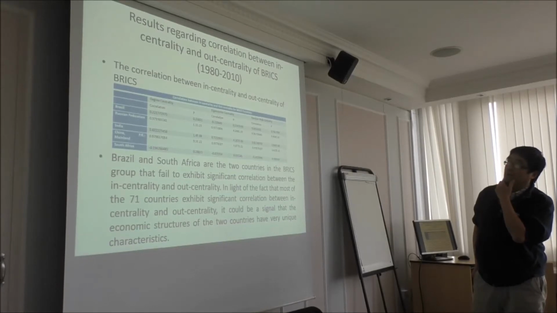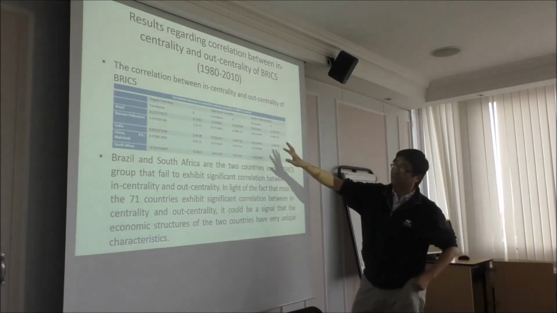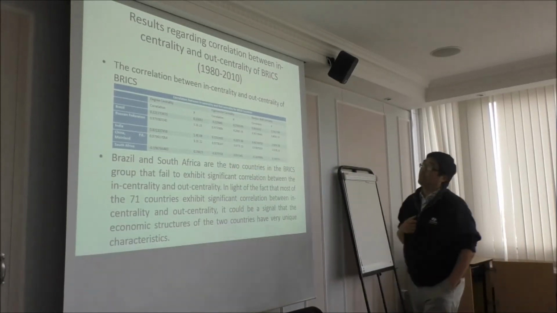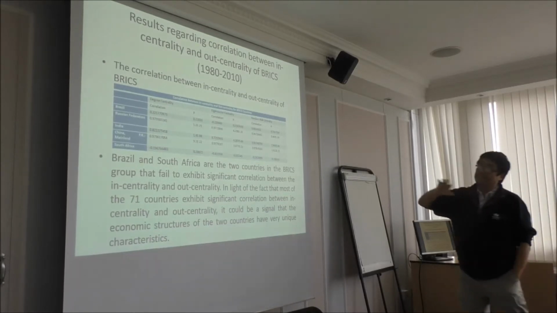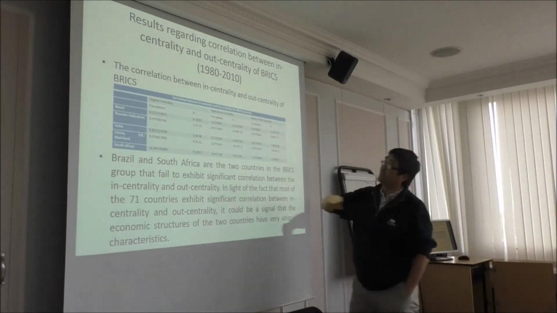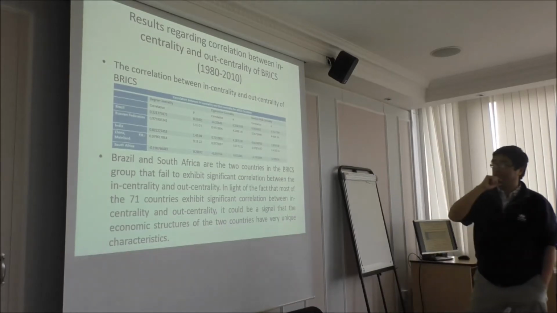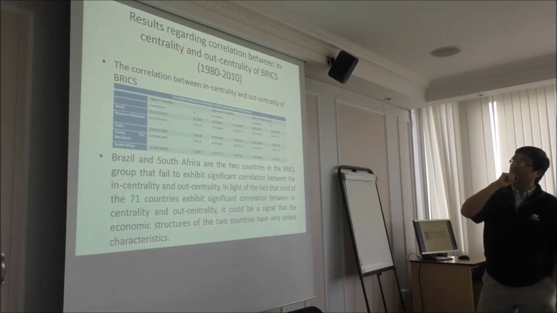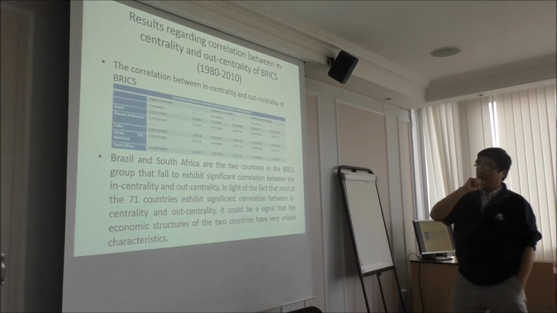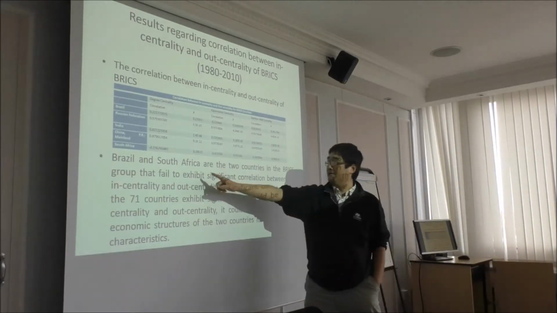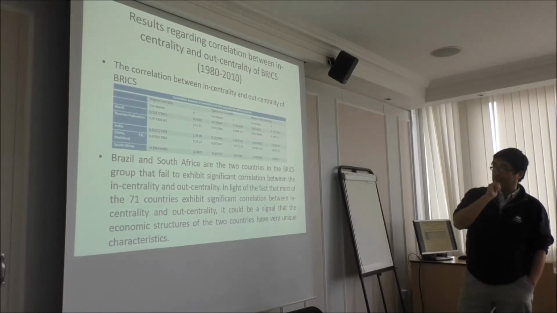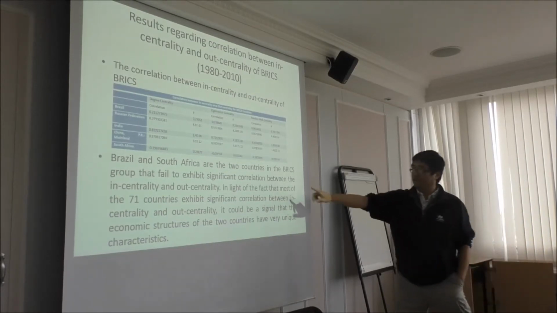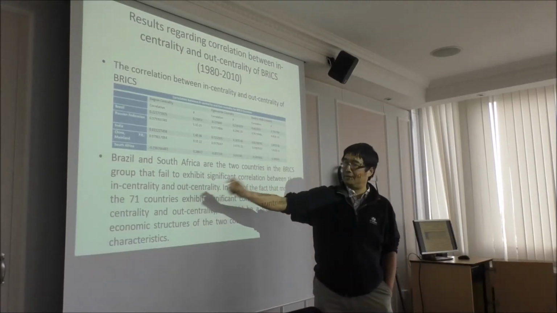We give some statistics about the P statistics and the correlation coefficients in summary, which for technical reasons just take time. I will just tell you the interesting observations between those countries. We said we are going to look at BRICS. If you look at Brazil and South Africa, these are the 2 countries in the BRIC group that fail to exhibit significant correlation between the in-centrality and the out-centrality.